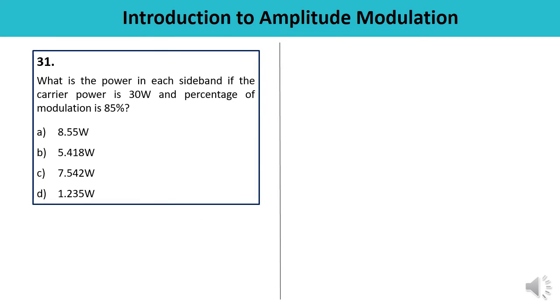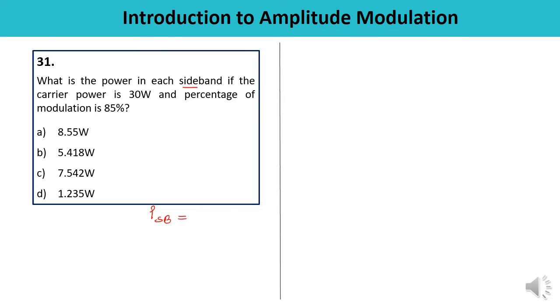Next question. What is the power in each sideband if the carrier power is 30 watt and percentage of modulation is 85%? Here you have to calculate the power in sideband.